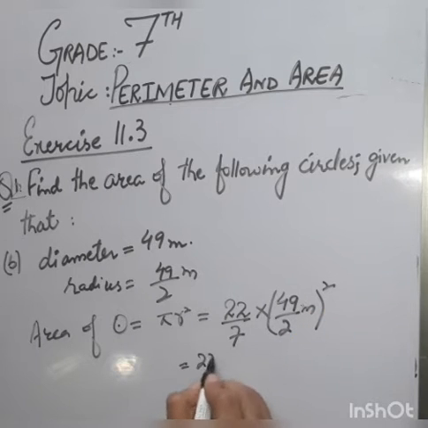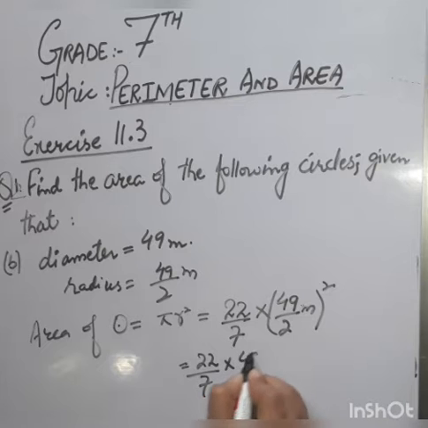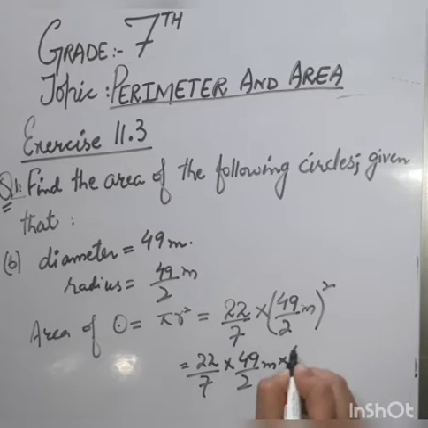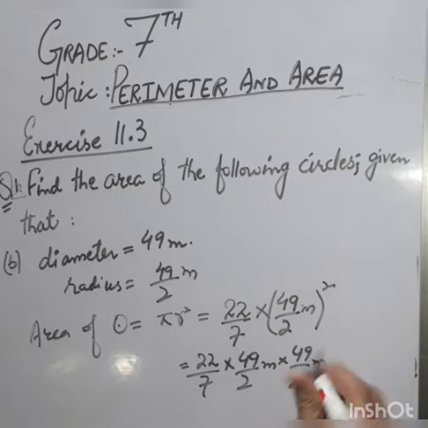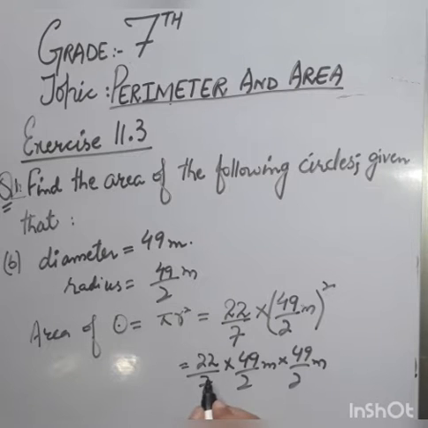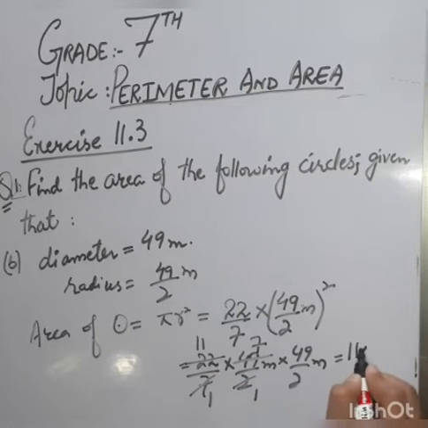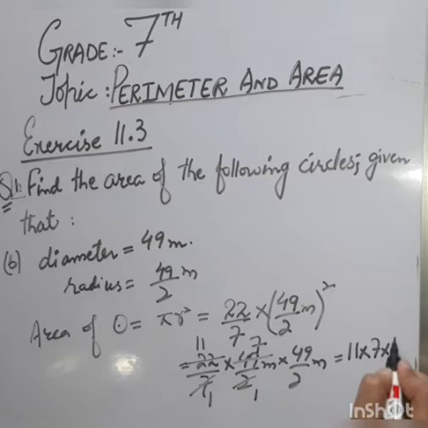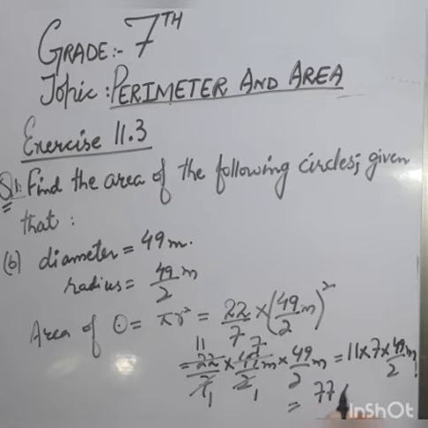So it means 22 by 7 into 49 by 2 meters into 49 by 2 meters, because this 49 by 2 meters has a square, so I have written it 2 times. Now I can write this as 7 1 are 7 and 7 7 are 49, 2 1 are 2 and 2 11 are 22. So we are left with 11 into 7 into 49 by 2 meters. So 11 into 7 is 77 into 49 by 2 meters.